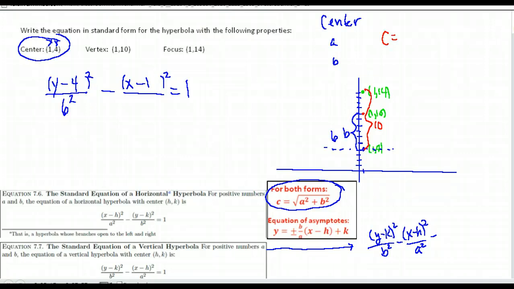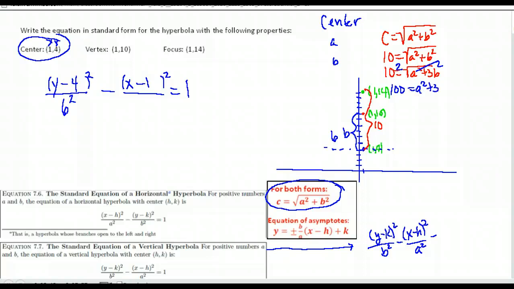So we know that c is equal to the square root of a squared plus b squared. We know that c is 10. We don't know a, but we do know that b is 6. Okay, so we have 10 equals the square root of a squared plus 36. Go ahead and square both sides. We get 100 is equal to a squared plus 36, and now let's solve for a.